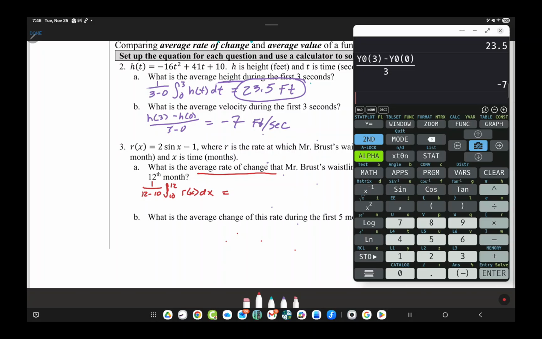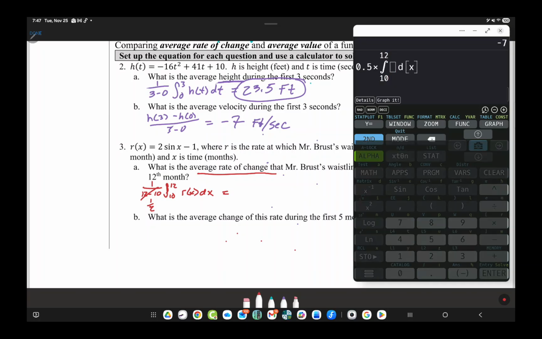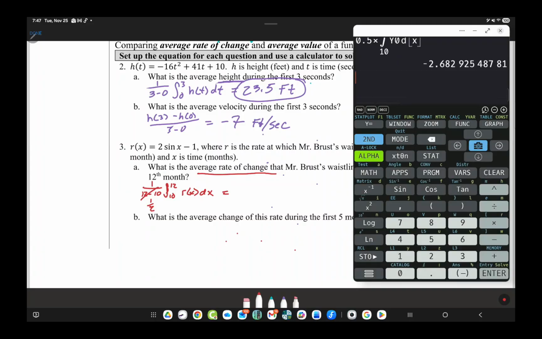Okay, so again, this, it is 2 sine x minus 1, and this is 1/2, or 0.5, times the integral, because again this just gives you 1/2, times the integral from 10 to 12 of variable, y variable, enter.